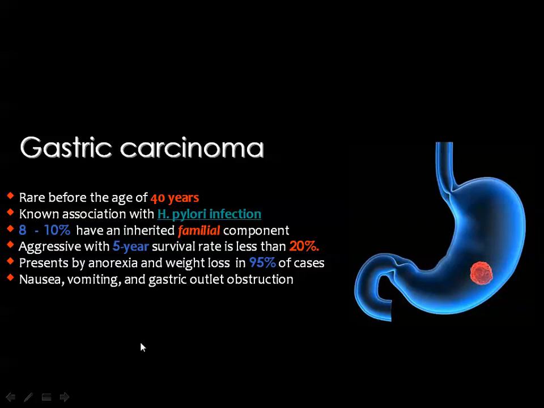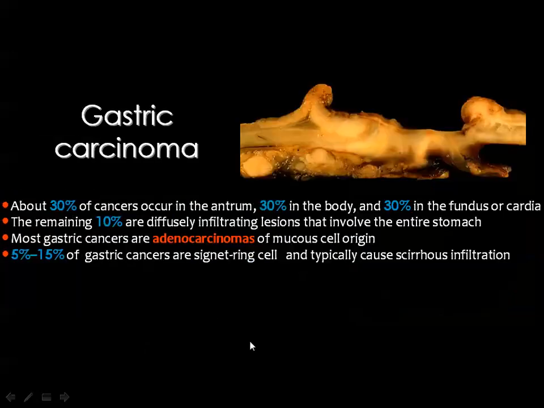But the patient may also have nausea, vomiting, and gastric outlet obstruction if the tumor affects the antrum. The carcinoma is almost equally distributed between the antrum, the body, and the fundus. And you have a remaining 10% of the tumors which diffusely infiltrate the gastric wall, appearing as linitis plastica.